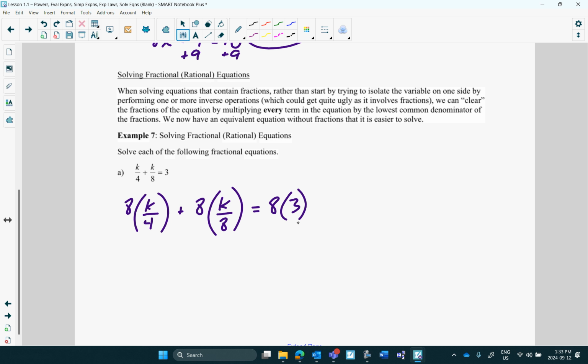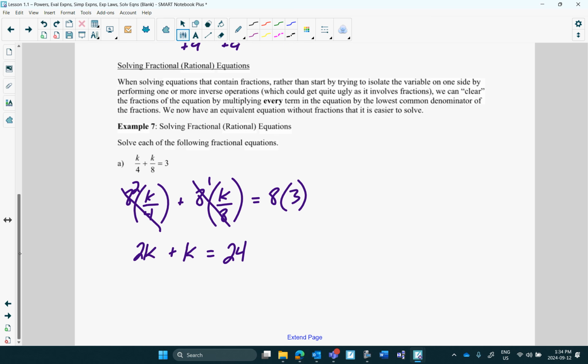And then remember, we canceled, we reduced. 8 divided by 4, so this becomes 2 times k, or 2k. 8 divided by 8 is 1, so this becomes 1 times k, or just plain old k. And 8 times 3 is 24.